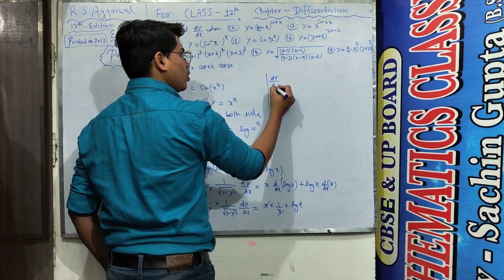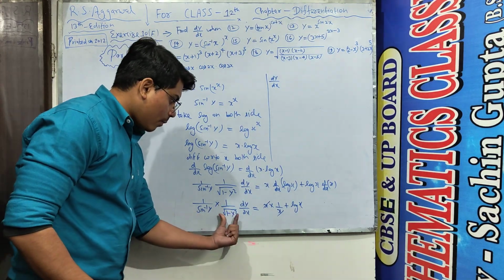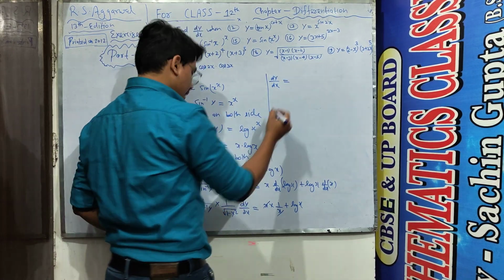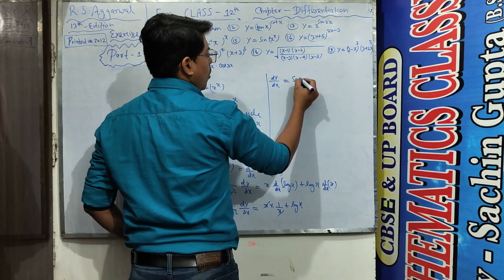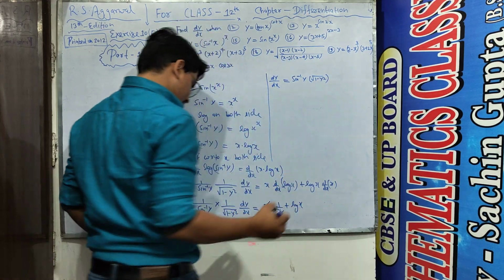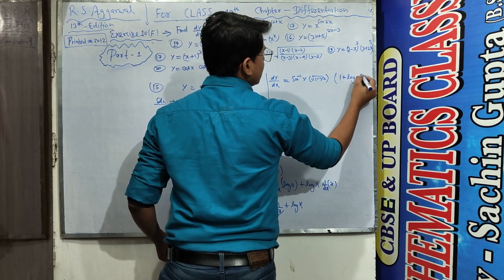Now student, one more thing: this function 1 upon sine inverse y and 1 upon under root 1 minus y square, I write on the right hand side, then both these functions come in multiplication with 1 plus log x.